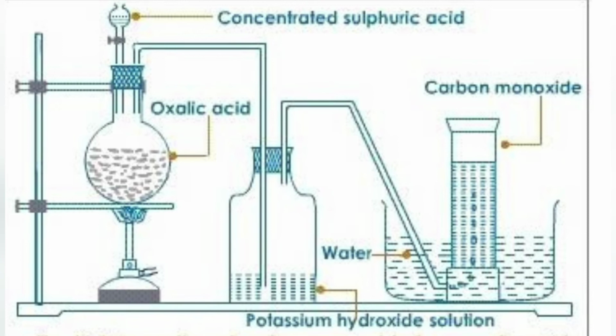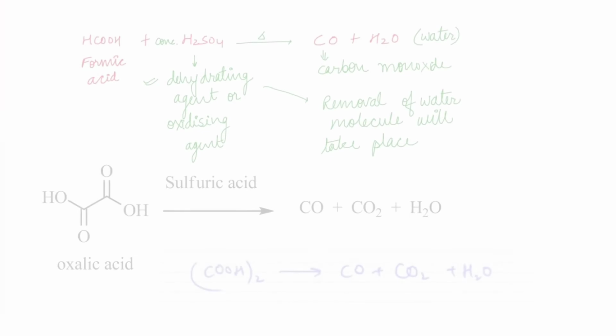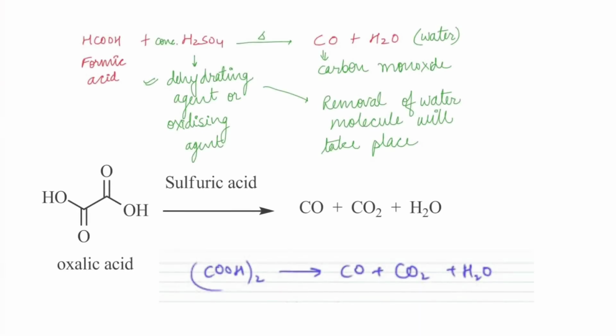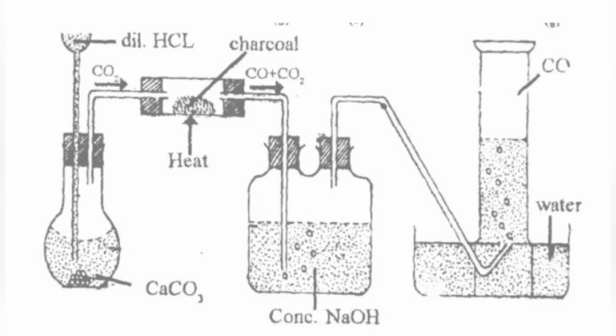Therefore, as you can see in this diagram, the mixture will be passed through either potassium hydroxide or sodium hydroxide, which will absorb all the carbon 4 oxide, leaving only the carbon 2 oxide to be collected over water. Because carbon monoxide is very poisonous, the preparation is done in a fume cupboard to prevent accidents that will lead to death, because the gas is colorless, you can't see it.